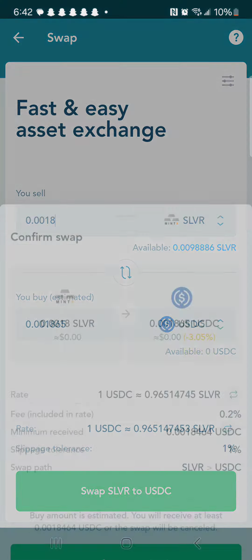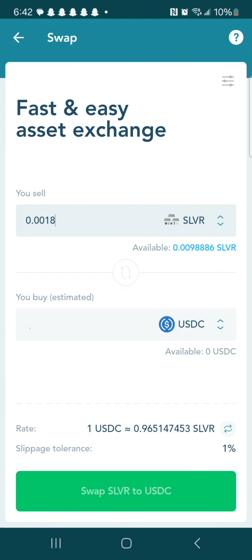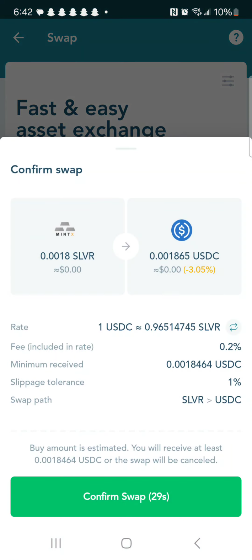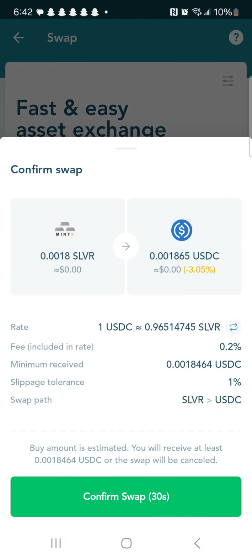And then you hit swap. It'll tell you how much of a fee they'll take. So it says a 0.2% fee right there. That price is changing, that's why.